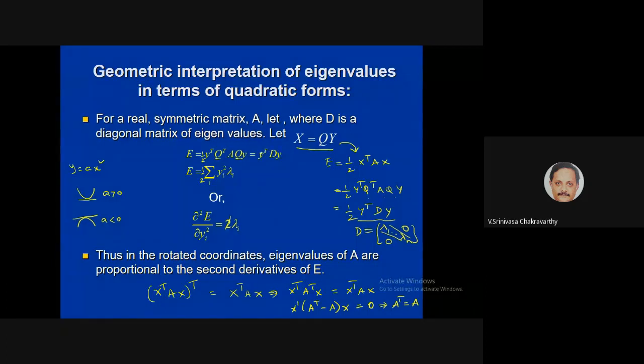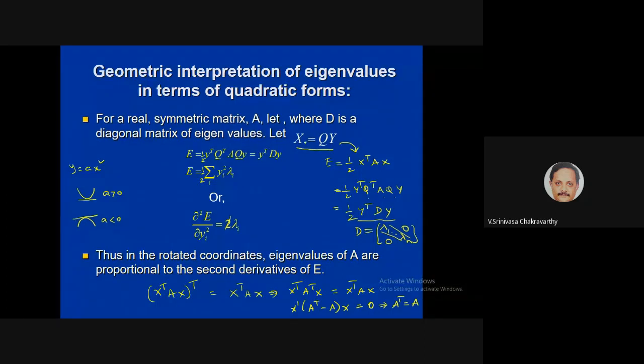For that, let us do a small transformation of this expression into a simpler form where we can visualize it more easily. Since A is a square, real and symmetric matrix, we know from a previous theorem that we described in the last class that there exists an orthogonal, or orthonormal, matrix Q so that Q transpose AQ is equal to D, where D is the diagonal matrix of all the eigenvalues, and we know that the eigenvalues are all real for a real symmetric matrix.